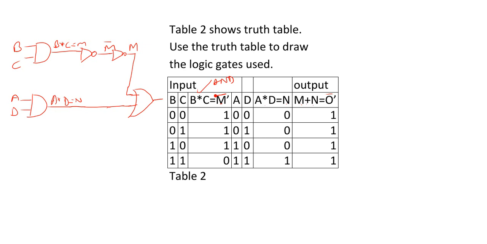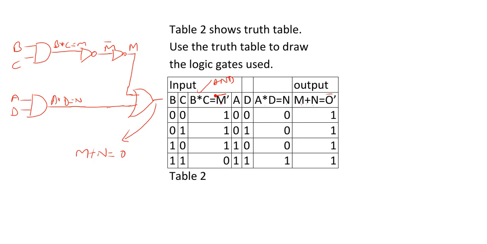But remember the final, which we can call O. But finally, the output of the two is complemented O. Let me illustrate here. The output of this gate is M or N, which is the same as O. Let's not complement O at that point.